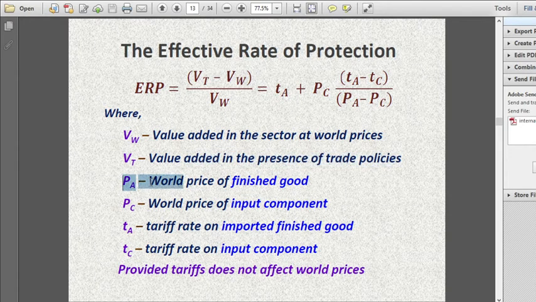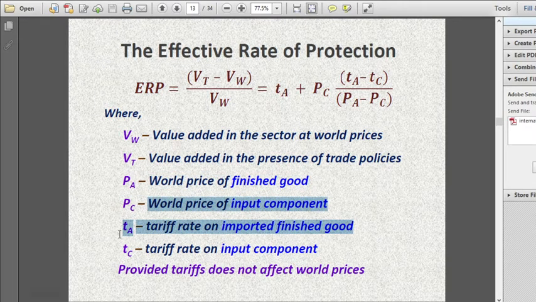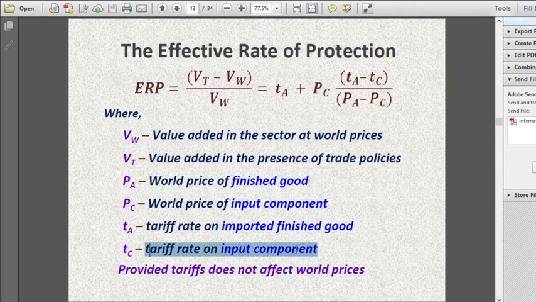Where P sub A is world price of finished good, P sub C is world price for input component, T sub A is tariff rate for imported finished good, and T sub C is tariff rate for input component. Sabi nga, provided the tariff does not affect the world price. Yung taripa naman kasi hindi talaga nakaka-apekto yung world price eh. Domestic price na apektuhan niya, pero yung world price hindi.